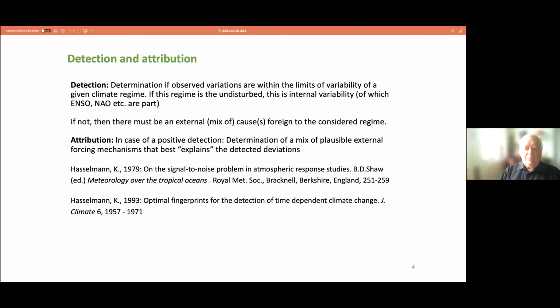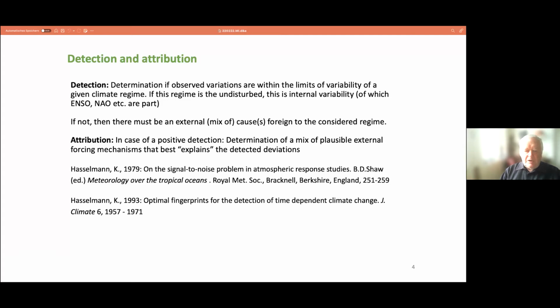Then, if we have arrived at this conclusion, we start with the attribution. That is, we determine a mix of plausible external forcing mechanisms that best explains, whatever that means, the detected variations.